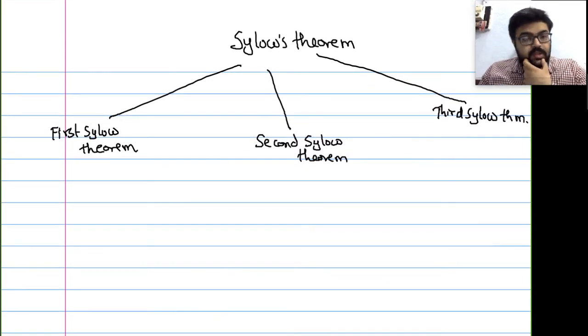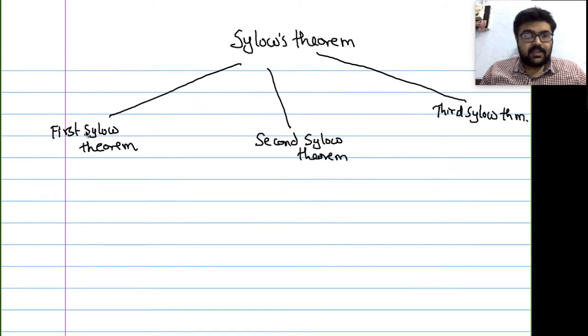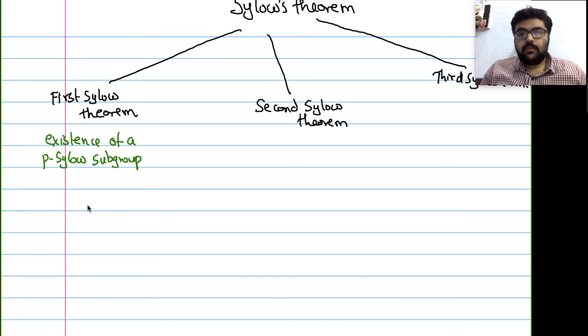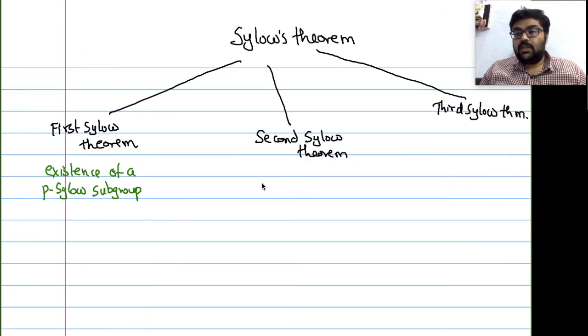The first Sylow theorem gives the existence of a p-Sylow subgroup. What the second Sylow theorem says is that any two p-Sylow subgroups are conjugate.